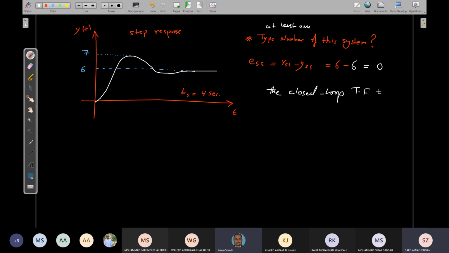Closed loop transfer function equal to 1. This means that the relation is static, or identical, which means that Y over R is equal to 1, and this is impossible in physics. I need to find Y over R, which is N of s over D of s. Sigma equal to 1.